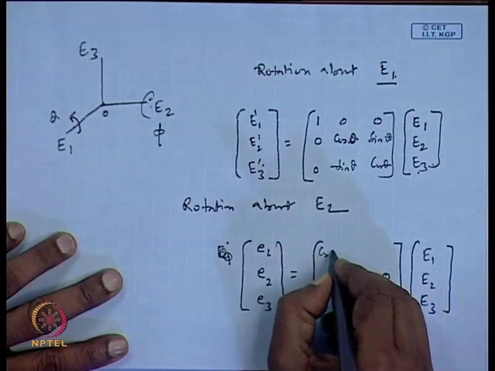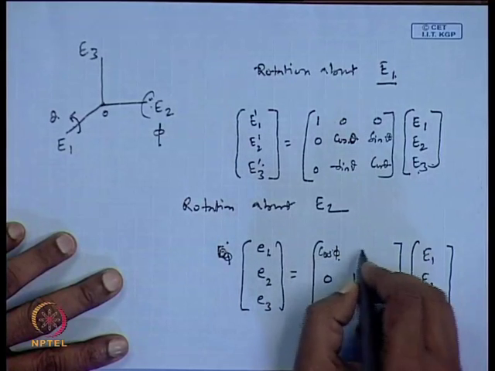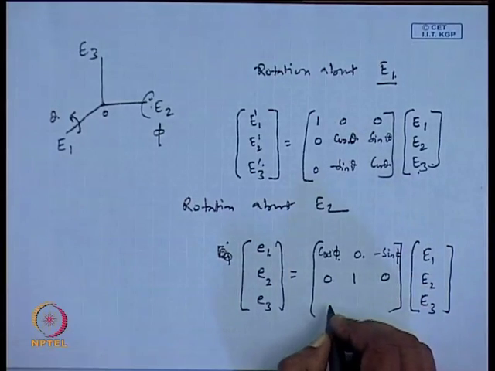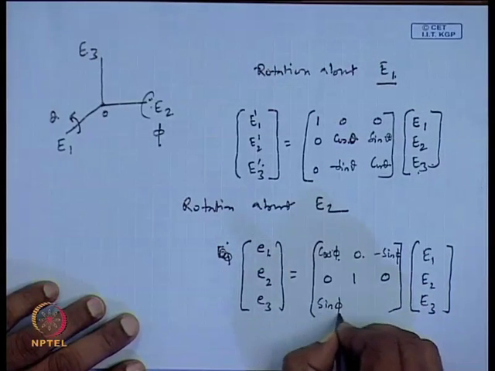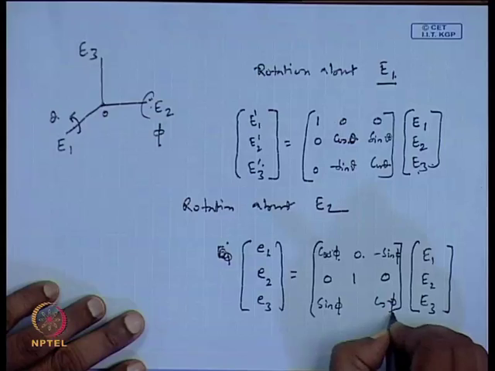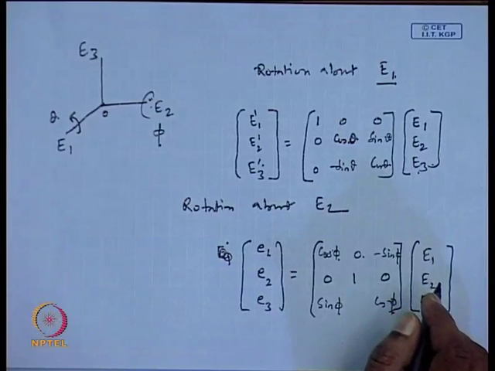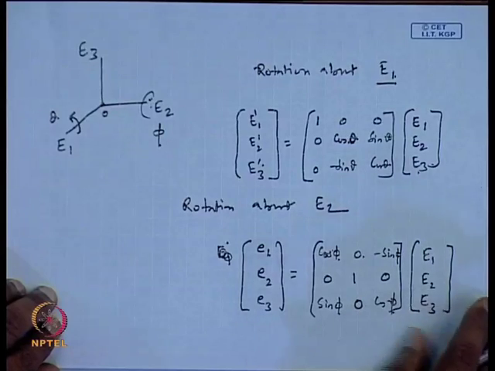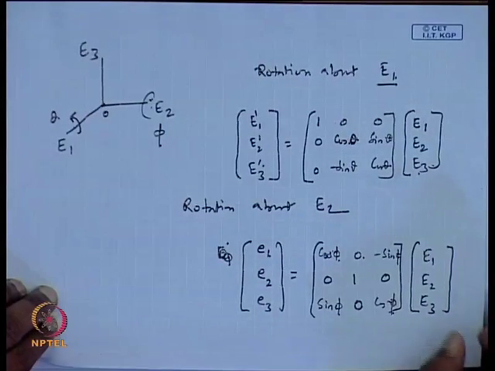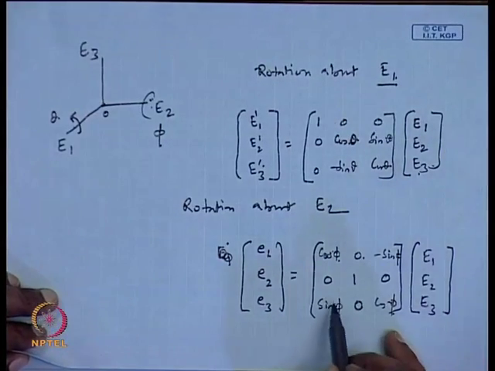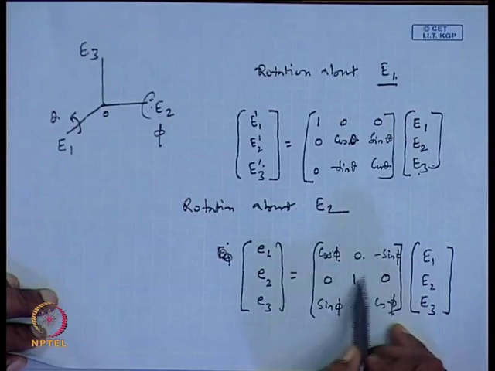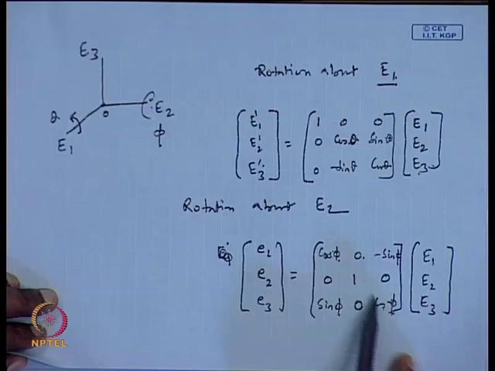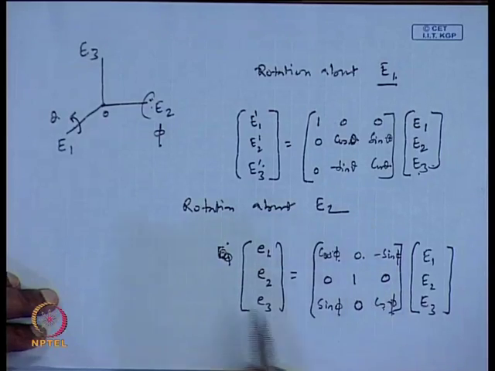Okay, so we will write here cos phi. Okay, see the sign change we have done here. Here this is minus, in this case it was plus here diagonally for the sine. For the cos it remains same, but for the sine it has changed.